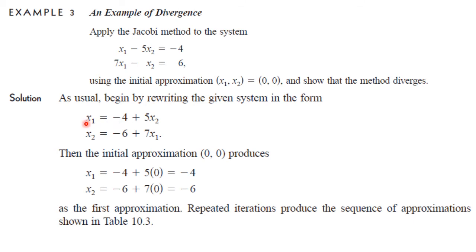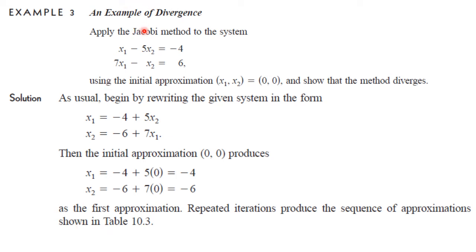Just like the previous example, calculate the value of x1 and x2. Using the initial approximation, you get x1 equal to minus 4, x2 equal to minus 6 as the first approximation. Repeated iterations produce the sequence of approximations shown in table 10.3.